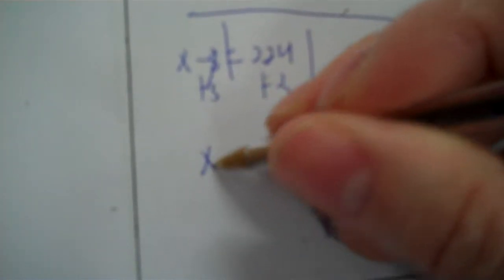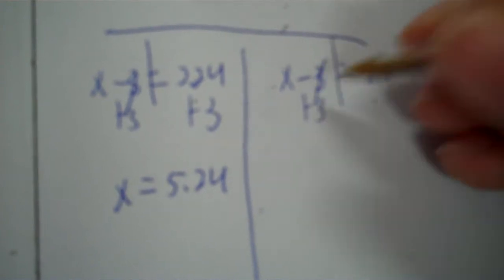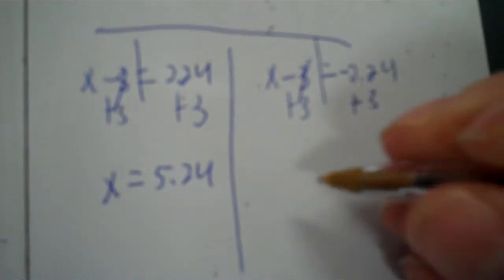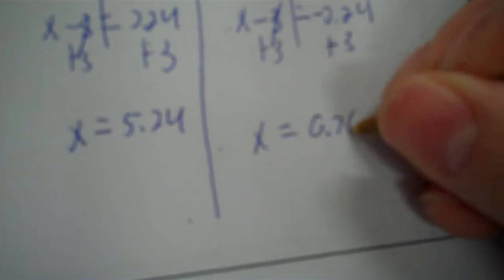Okay, so plus 3, plus 3. So 2.24 plus 3 is 5.24. Now I take negative 2.24 plus 3, 0.76. Okay, and those are your answers.